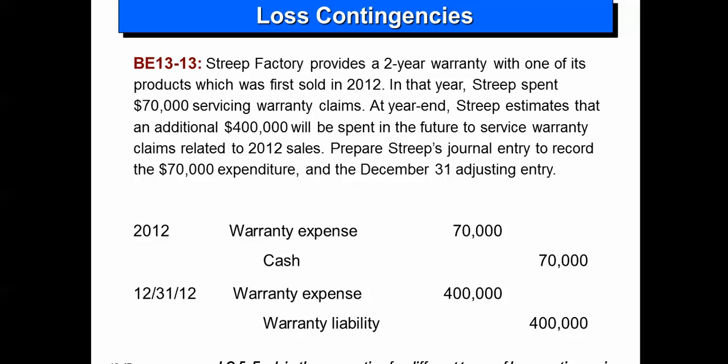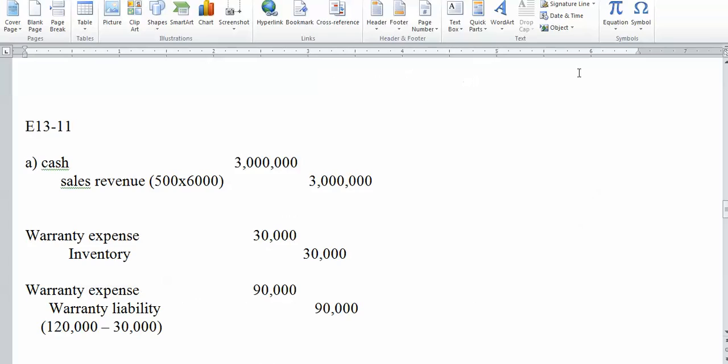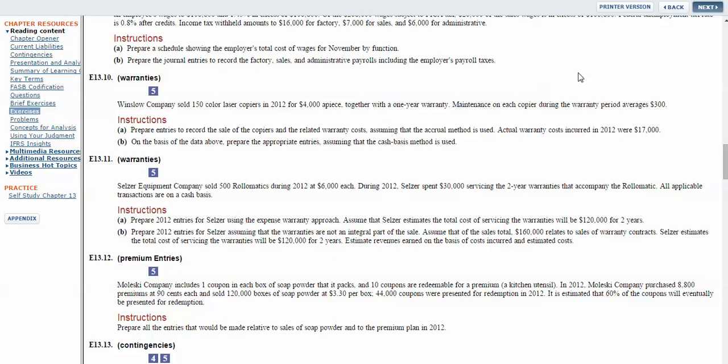If their warranty is for replacing it, then instead of cash, it would be inventory, because they're not giving away cash, they're giving away inventory to replace what happened. Or if they're paying the person, then that's where the cash comes into place. So just note for our homework, exercise 11, we want to make sure we use the right account for that.